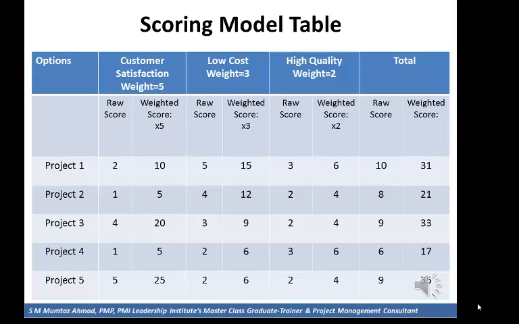The last 2 columns have the total of raw score and weighted score. Look at this table and reply to the following. 1. Which project will be selected based on raw score? 2. Which project will be selected based on weighted score?